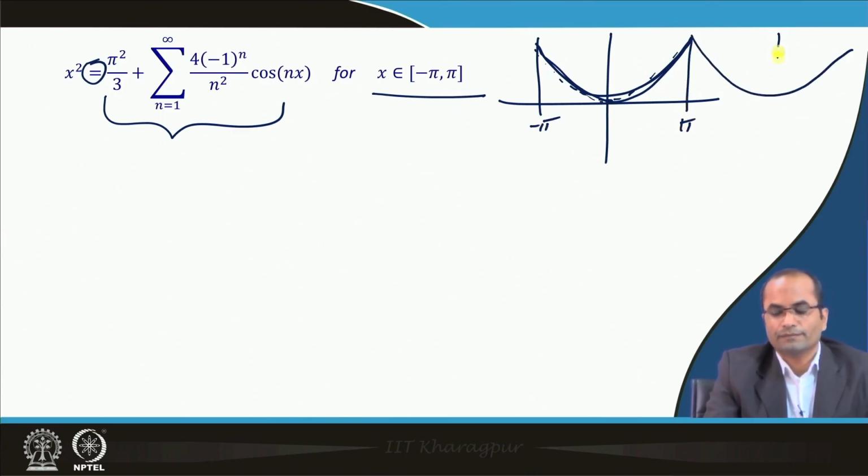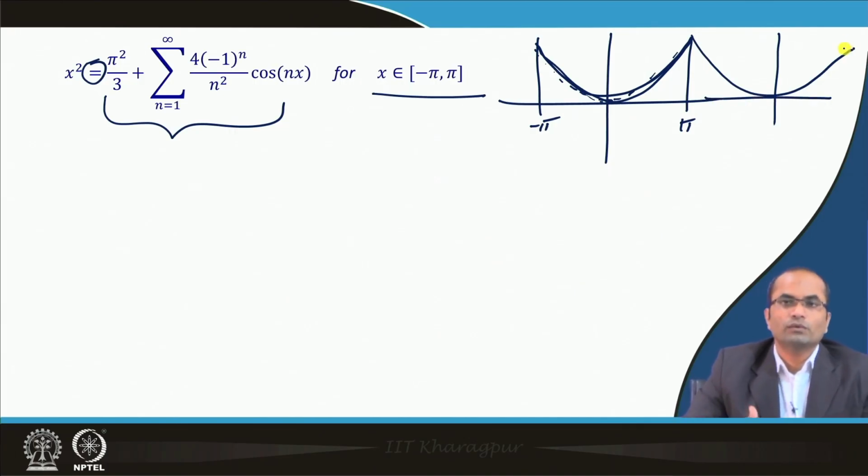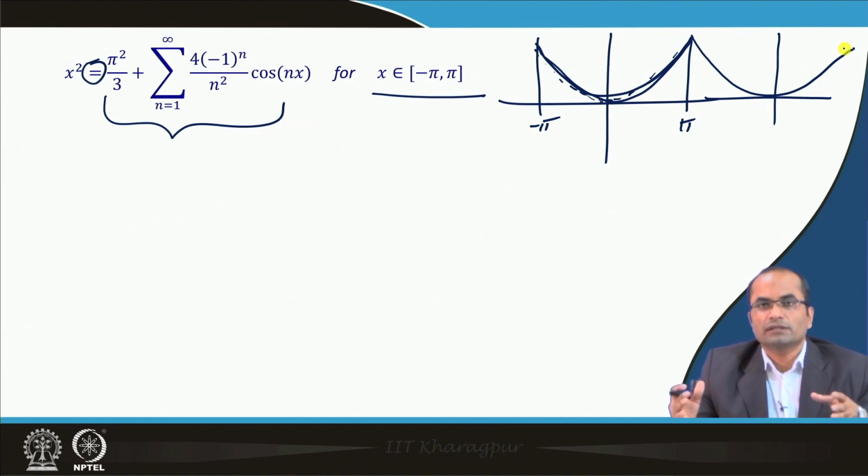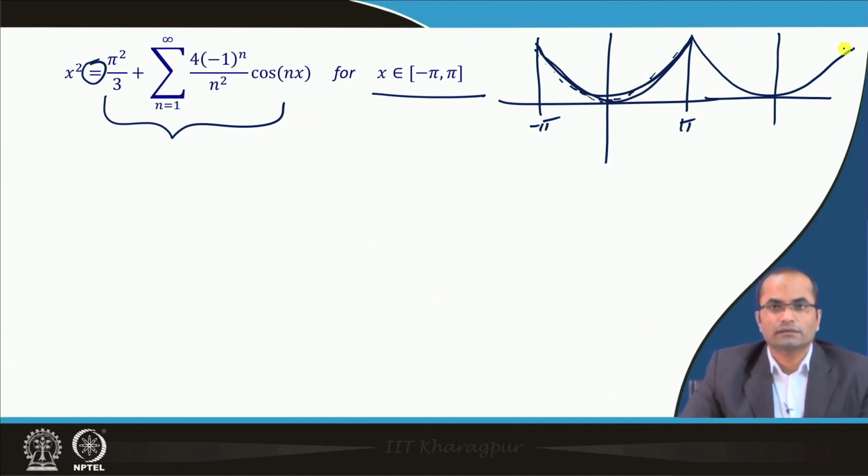So, everything will become continuous, even including the end points. The function in its periodic extension, everywhere it is going to be continuous.